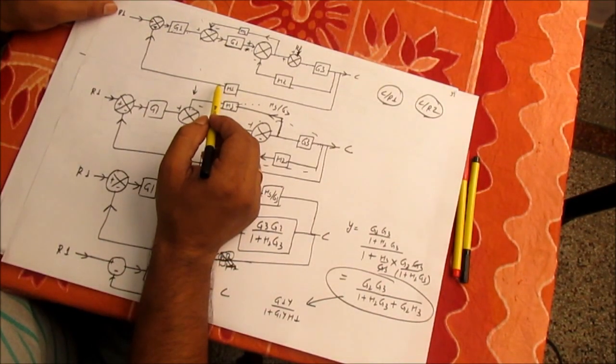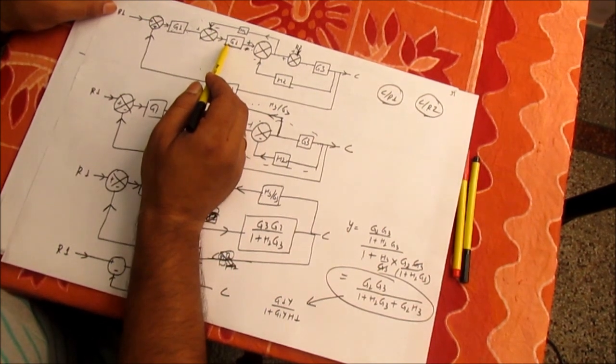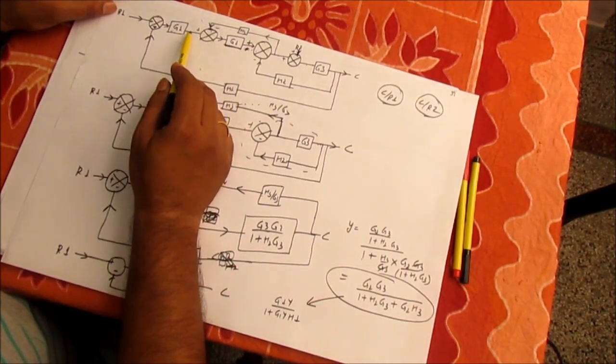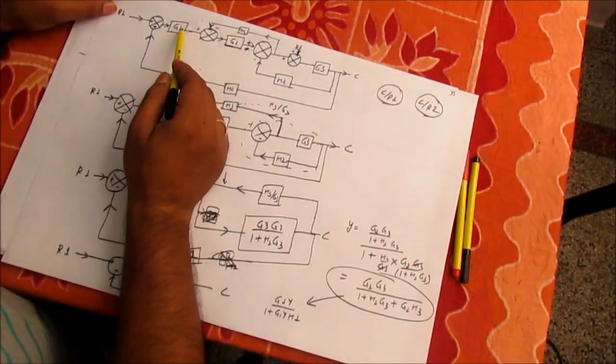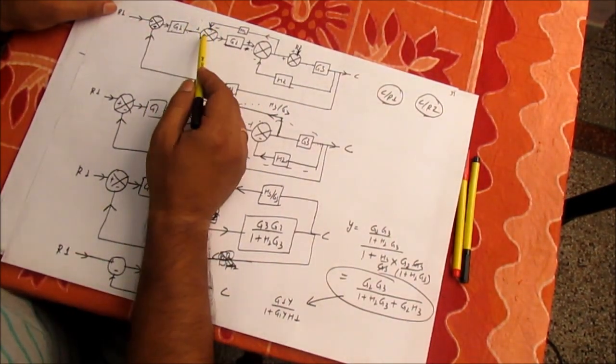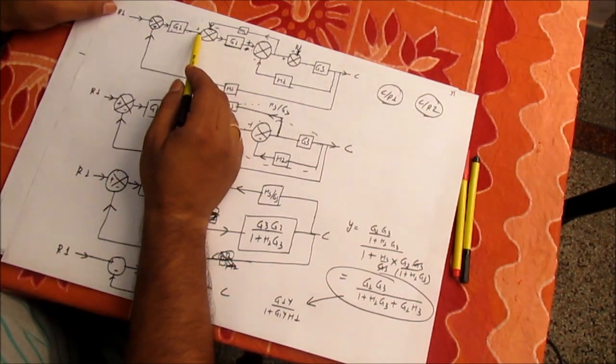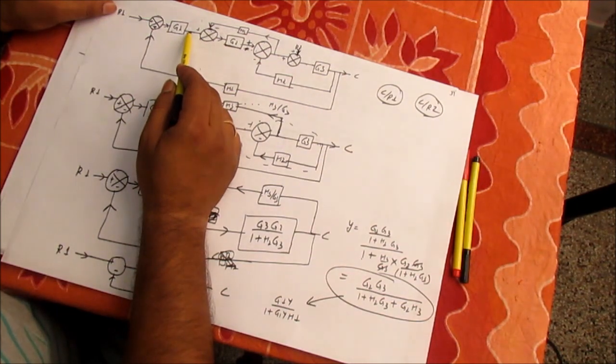But if I place this G2 here, this signal G1 anyway has to get multiplied by G2, so it is getting multiplied before this position, so it is okay for this signal.